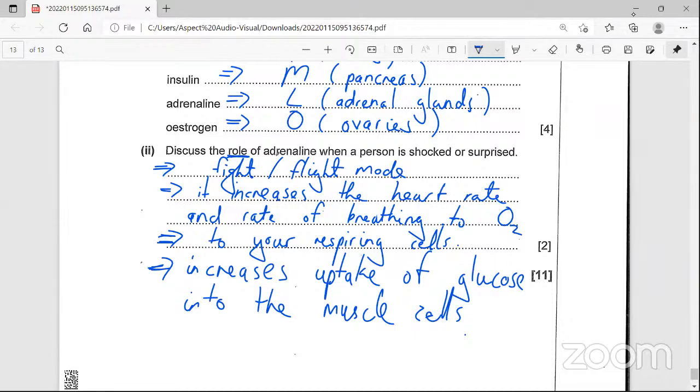When you are doing strenuous exercise, there's not enough oxygen going to your respiring cells. That's why there's buildup of lactic acid. That lactic acid buildup is the one that can cause cramps in the muscle. So that's why, after you stop, you're still breathing in, because you're still supplying those cells to break down the lactic acid.